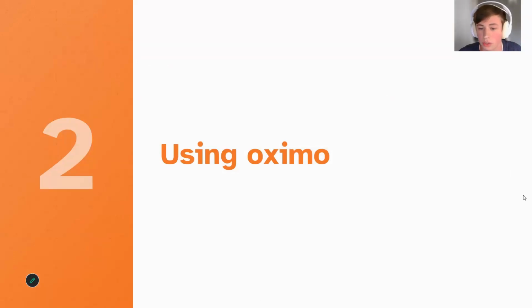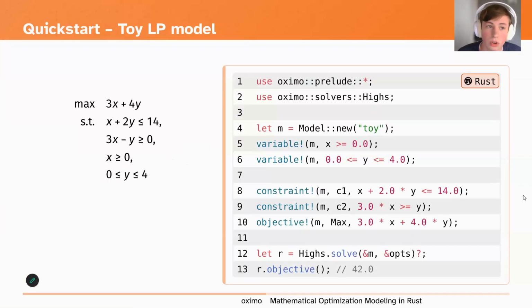Now, for using oximo, I thought that the best idea would be to show a simple example. So this is a toy LP model, a really simple one, where we're trying to maximize the objective function 3x plus 4y, subject to a certain amount of constraints and bounds.